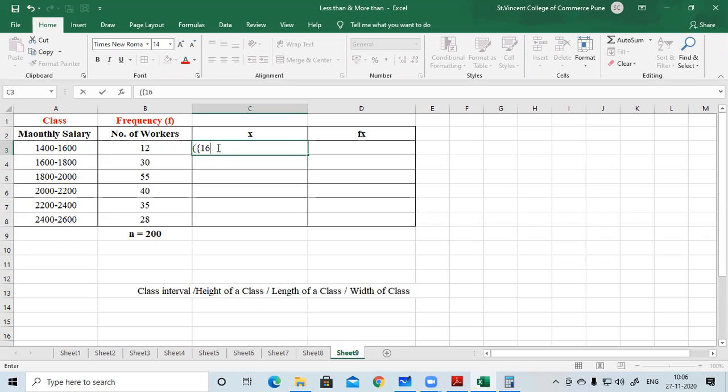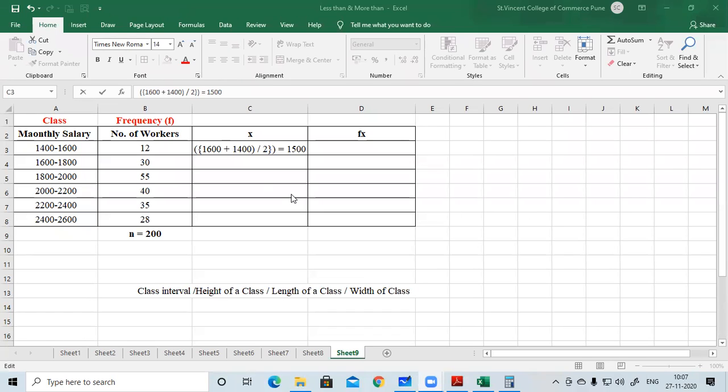Now x, how do we get x as discussed? Lower limit plus upper limit divided by 2. So your answer comes to 1500. Is this right? Yes, sir. Do the other calculations as discussed earlier.